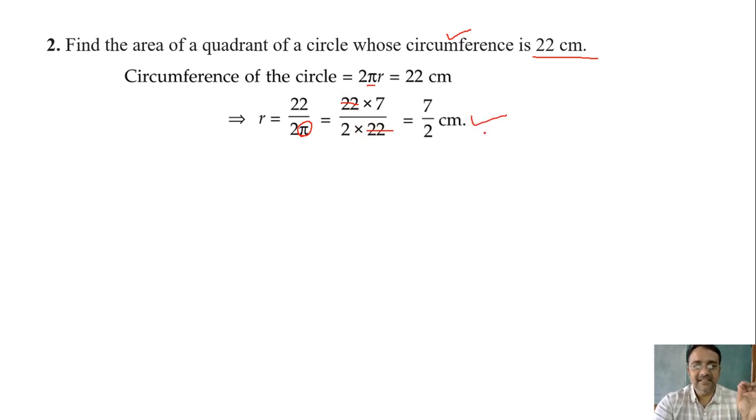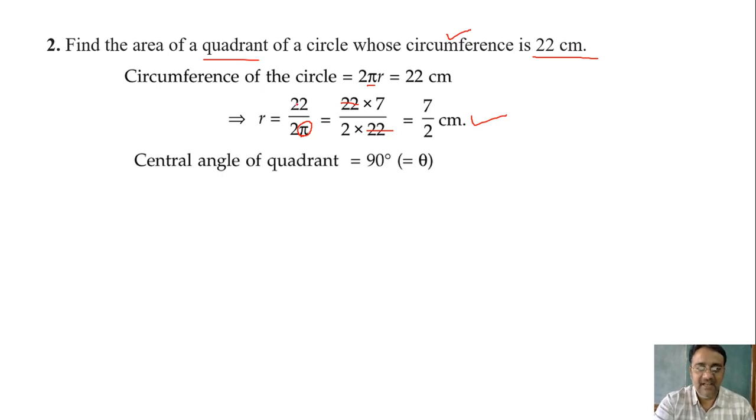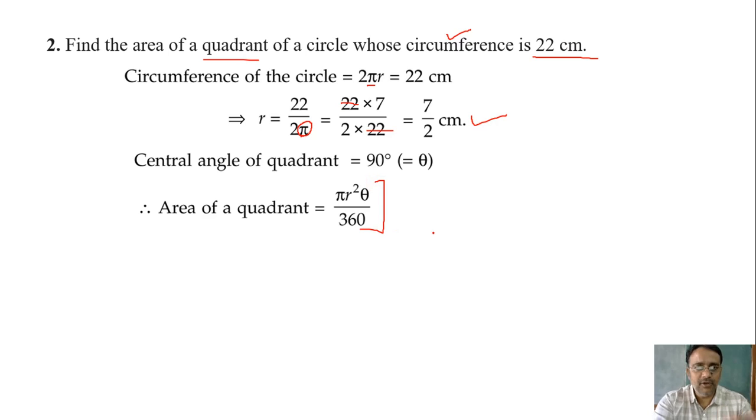Now the central angle for quadrant. If you don't remember the formula of quadrant, that is 1 upon 4 pi r square, you can use the formula of sector also. Theta is 90 degree, and the formula of sector is this one. If you remember the formula, you can use directly that area of quadrant is equal to 1 by 4 pi r square. Otherwise you can use this one also.